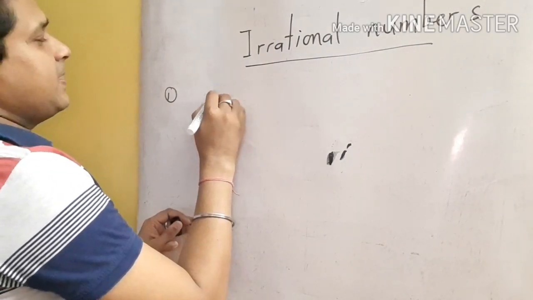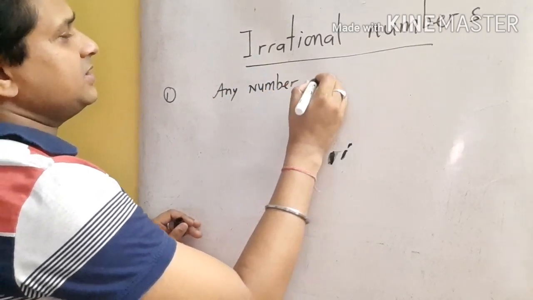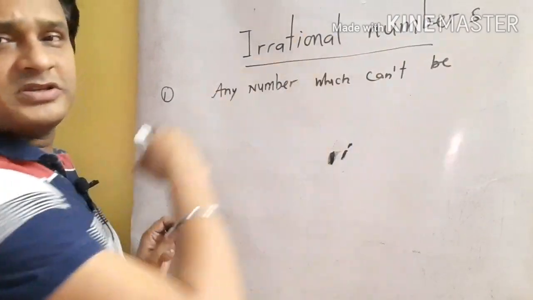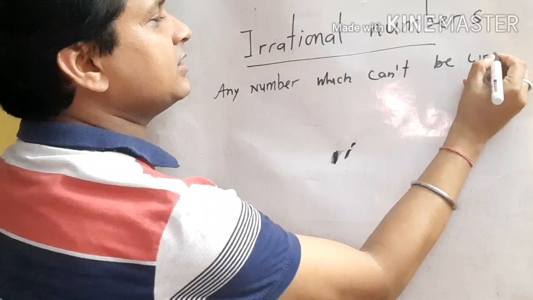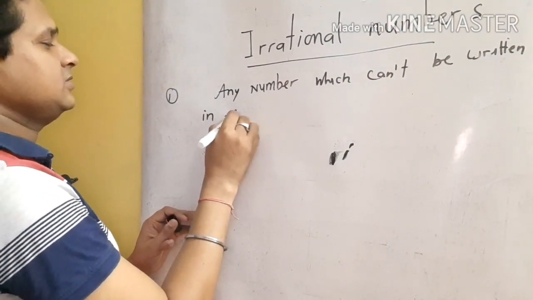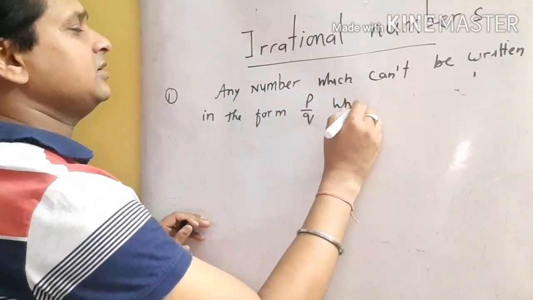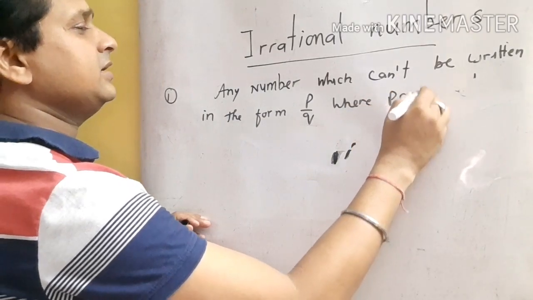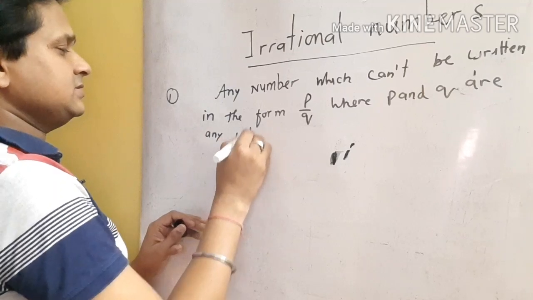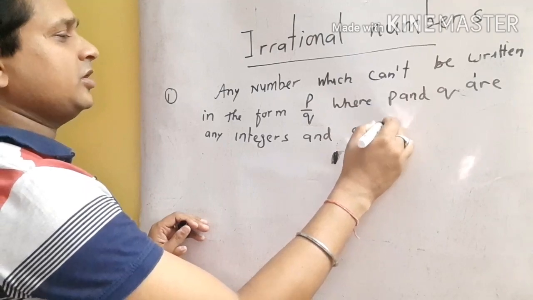The definition was: any number which cannot be written in the form P upon Q, where P and Q are any integers and Q is not equal to 0.